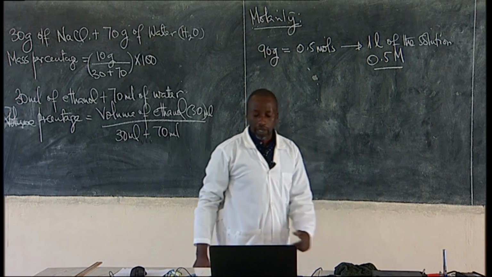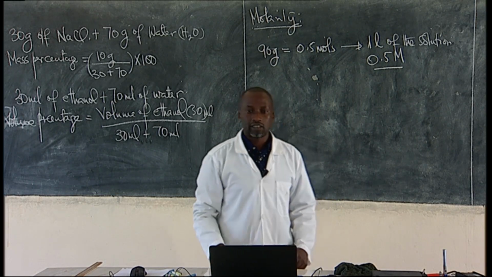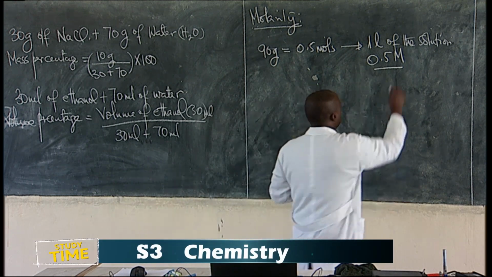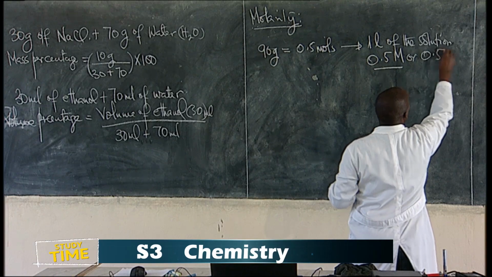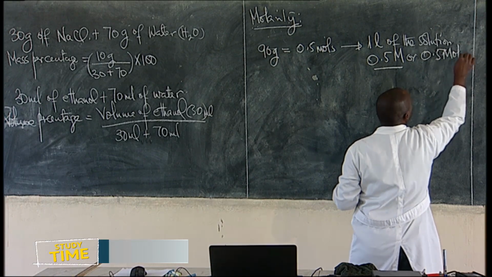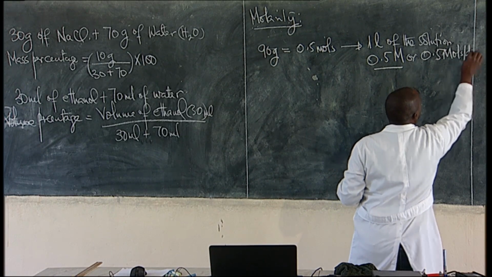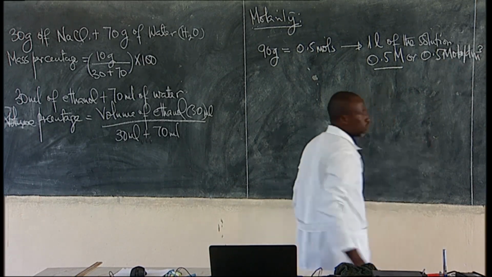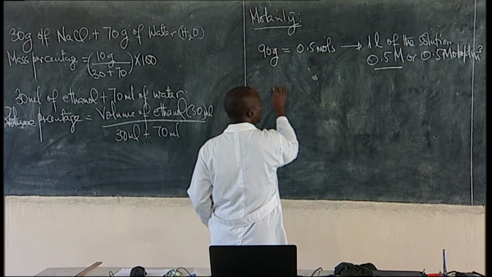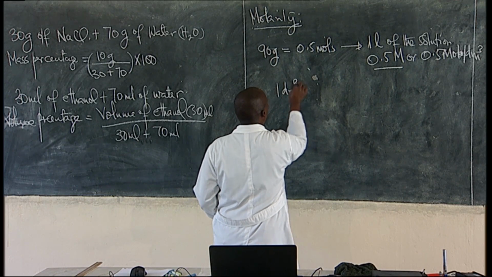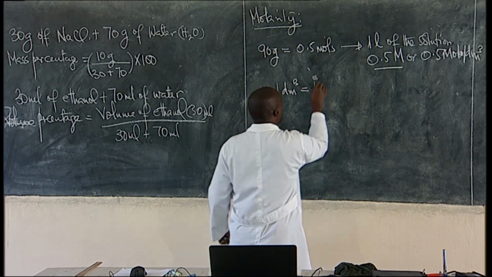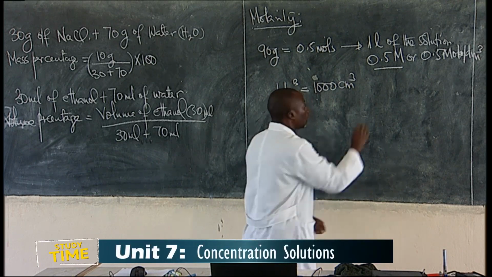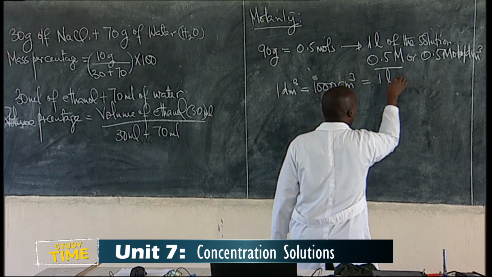Molarity is expressed as the capital letter M, or it is 0.5 moles per decimeter cubed. Remember, 1 decimeter cubed is equal to 1,000 cubic centimeters, which is equal to 1 liter.